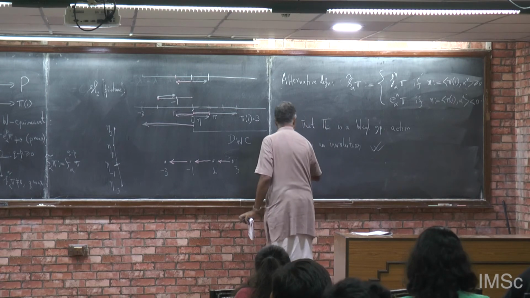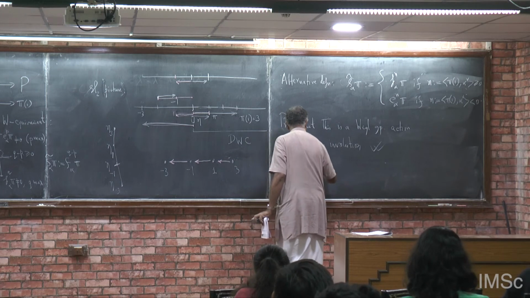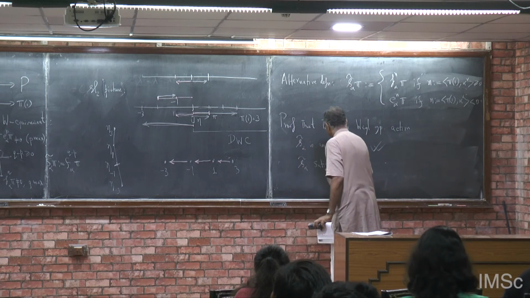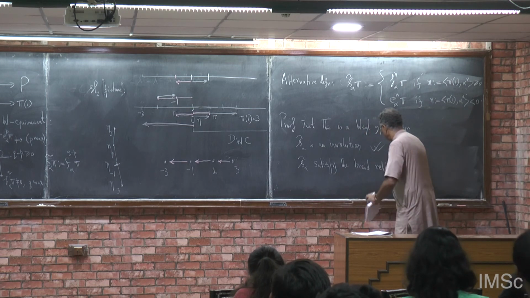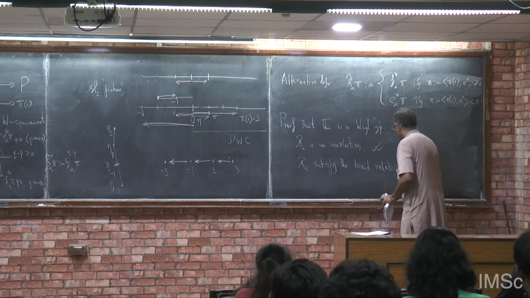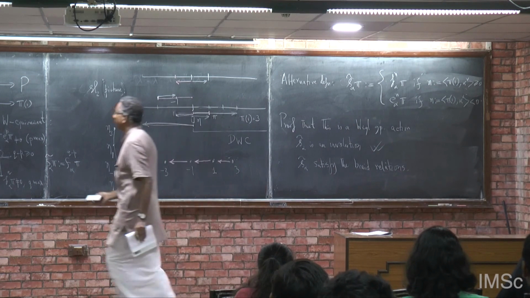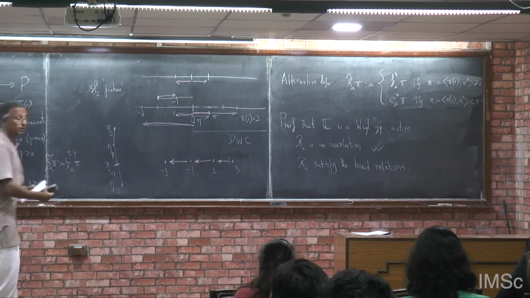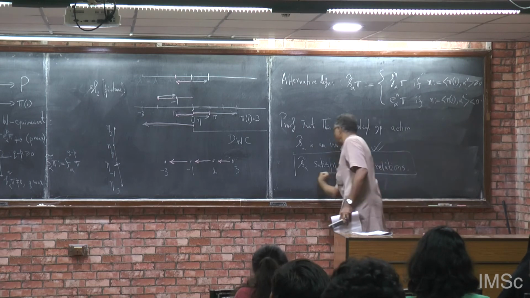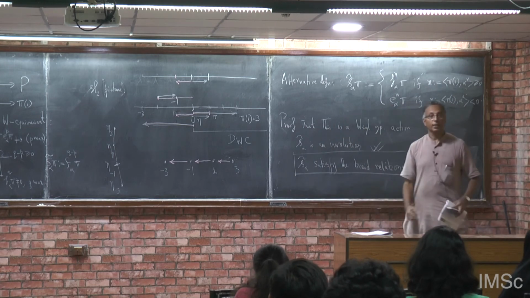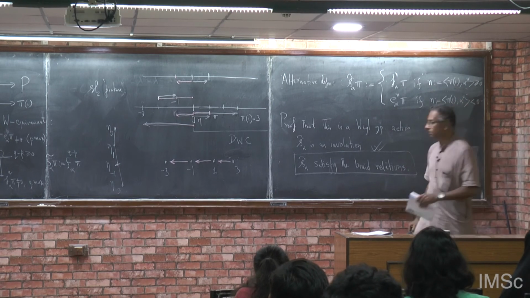Now, does S alpha tilde satisfy the braid relations? This is where we have to do some work. The rest of today's talk will be why S alpha tilde satisfies the braid relations.